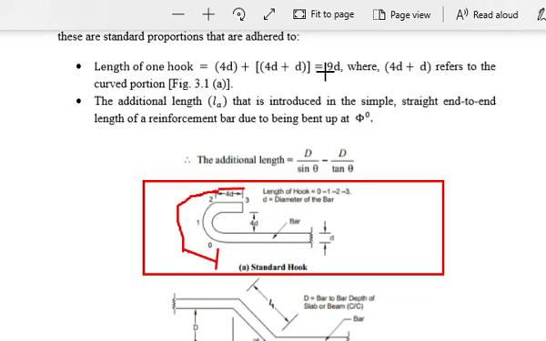So that will be 9D, where 4D plus D refers to the curve section.